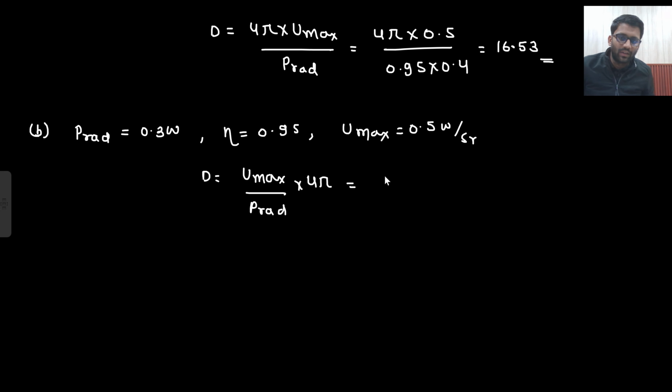That we are not doing here. Divided by 0.3, so what are we getting? 5 by 3 into 4 into pi. So 20.94. Not watt, sorry. 20.94. That is the directivity.